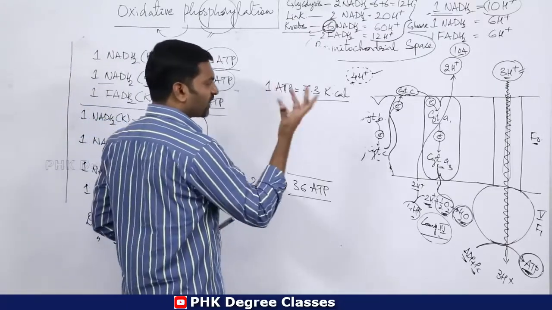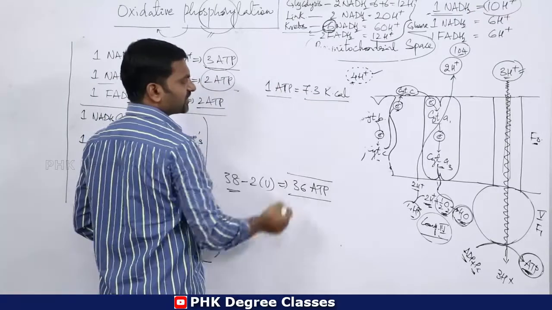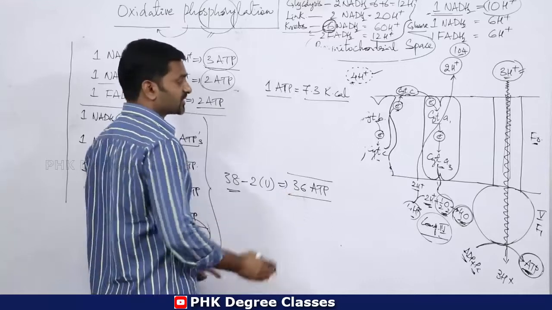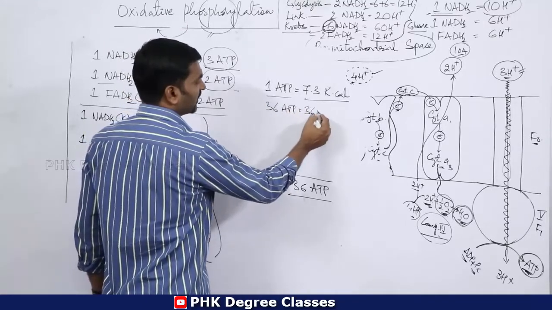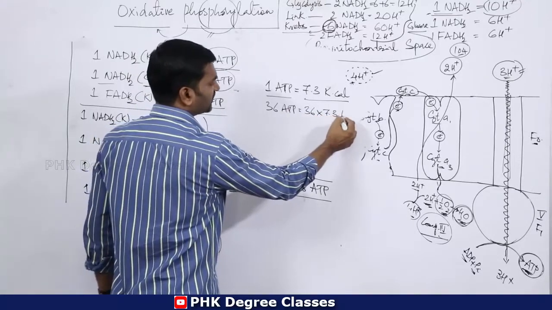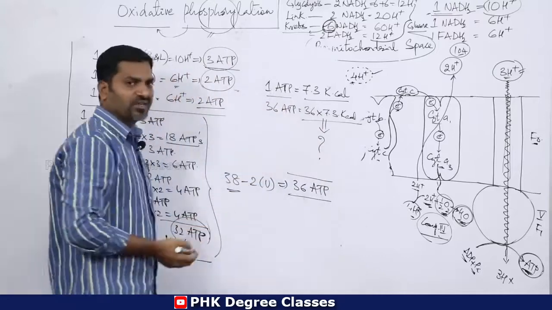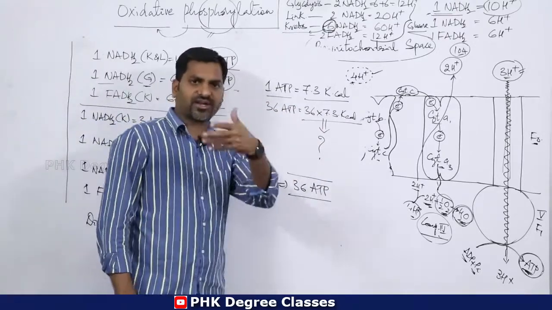If you calculate with 7.3 kilocalories, if 1 ATP is equal to 7.3 kilocalories, what about 36 ATPs? So 36 ATPs is equal to 36 into 7.3 kilocalories. The total number you can just calculate.